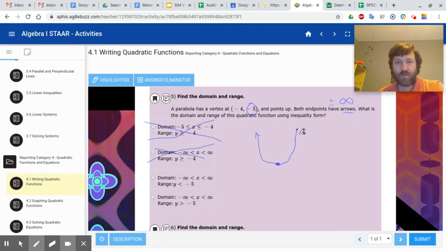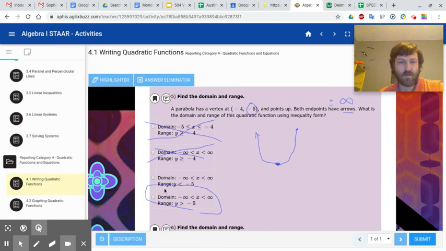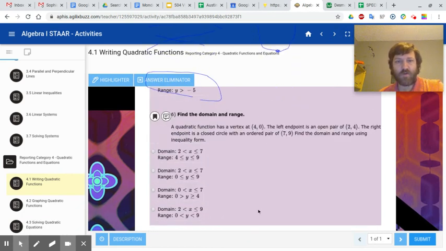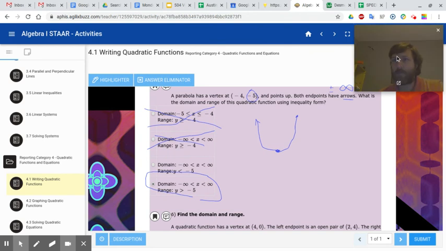Since the graph opens up, the graph appears above -5. It's greater than. Here's -5. The graph is above, so that's why we're choosing the fourth answer choice as our answer. That's kind of what you're doing, and that's how you're going to do number 6. I would just draw this out, do a brief sketch of it, and answer it that way.